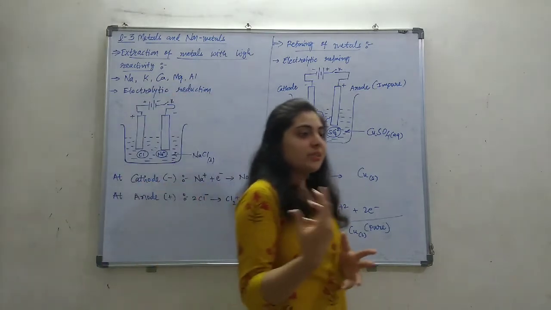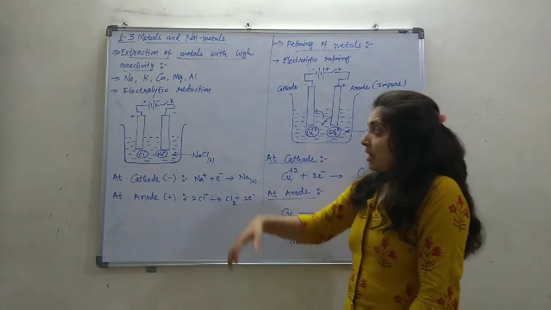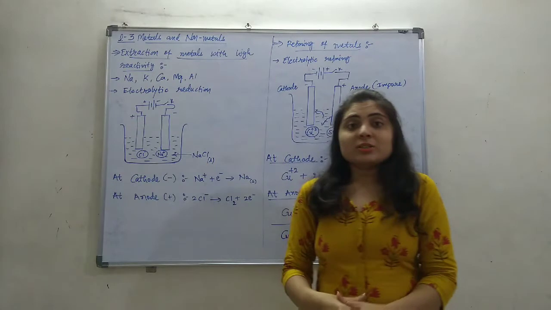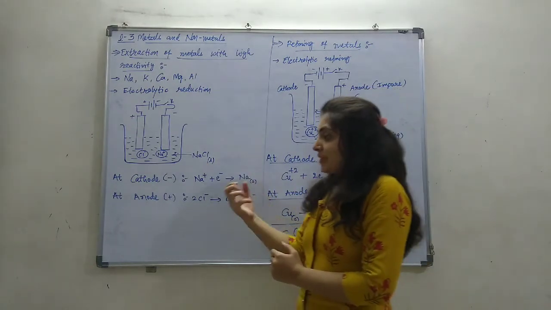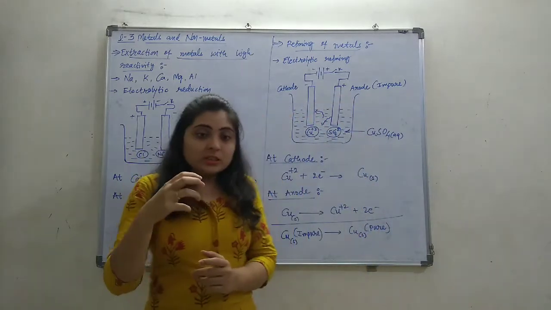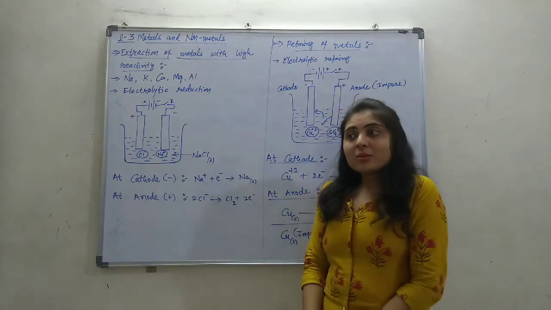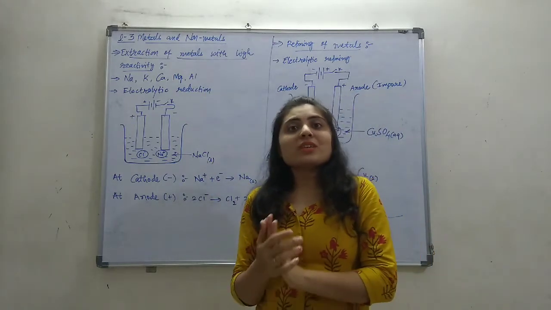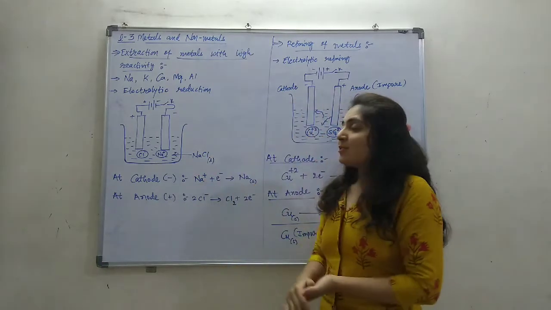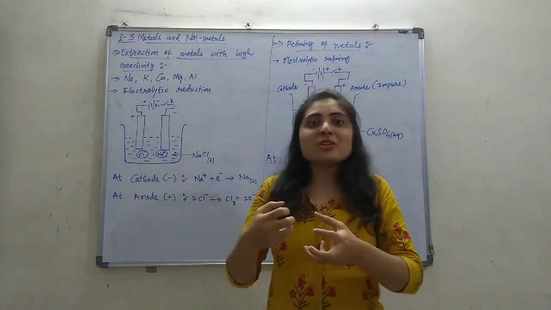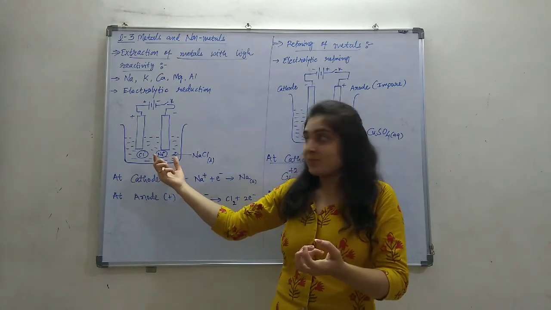This is how metals with high reactivity can be extracted by electrolytic reduction. See, aluminium occurs in the form of aluminium oxide in nature. We have to melt that aluminium oxide and then electrolytic reduction can be done. But the problem is that the melting point of aluminium oxide is very high, and the metal compound should be in a molten state here.